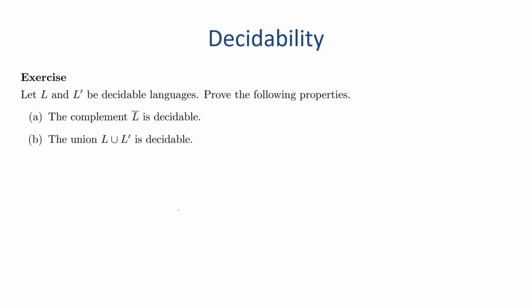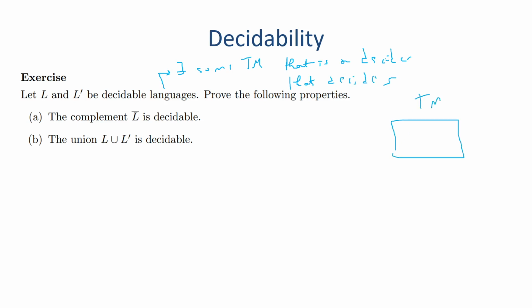So what is decidability? Some languages are decidable, and a decidable language means there exists some Turing machine that is a decider for this language, or that decides this language. What that means is you have some Turing machine M. It's going to take some input.